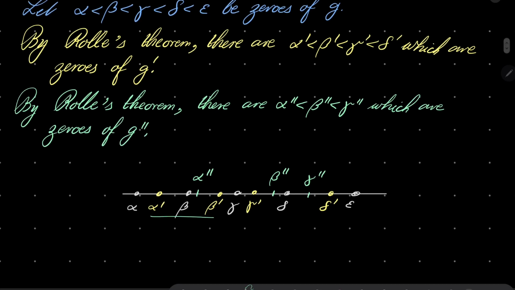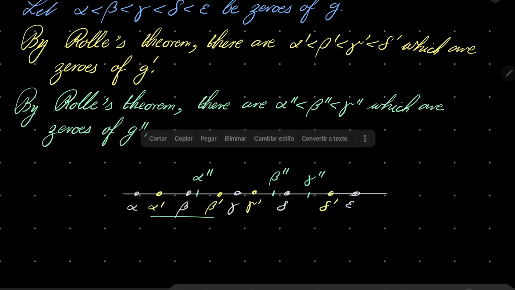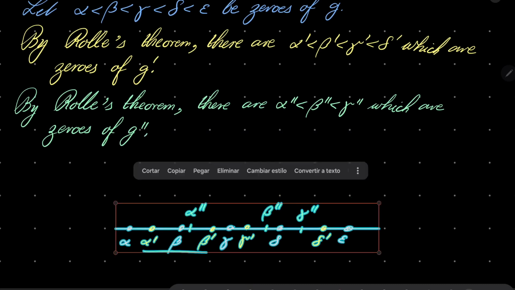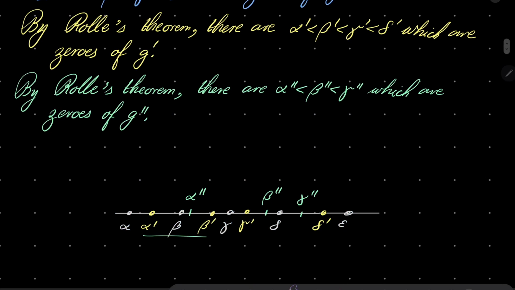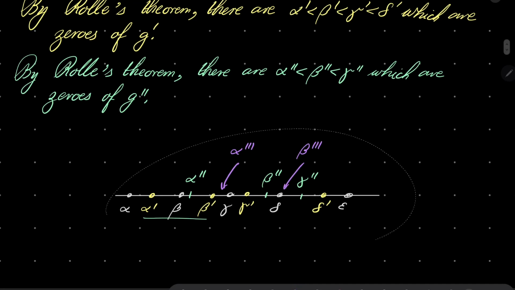And again, let's iterate our reasoning once again. If I take the third derivative of g, somewhere in the interval from alpha double prime to beta double prime there will be a number alpha triple prime, and somewhere between beta double prime and gamma double prime there will be beta triple prime, which will be zeros of our third derivative.